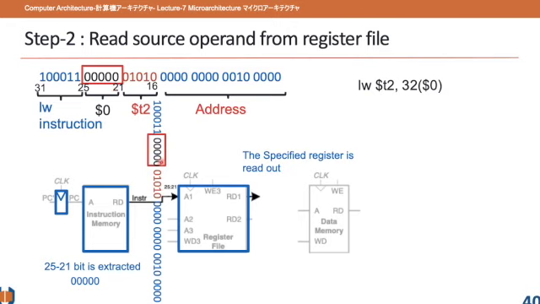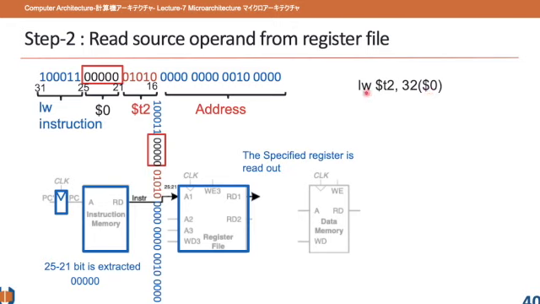Here we use 0, because our base is 0, so we are looking for address 32, because the memory address is the base address plus the offset.